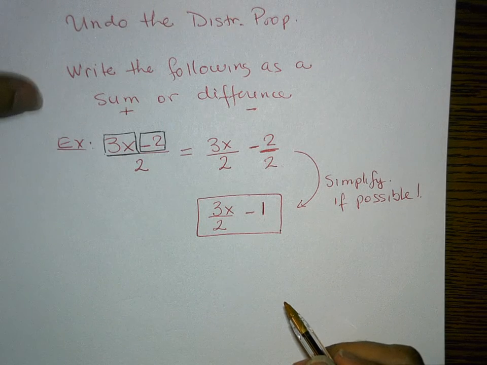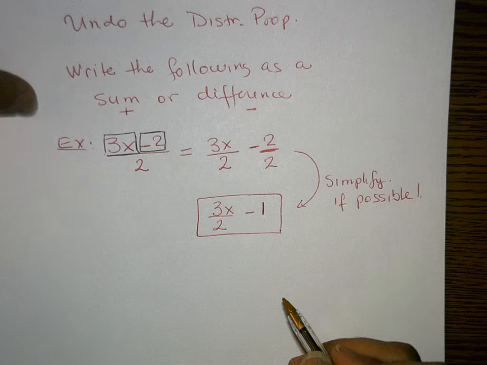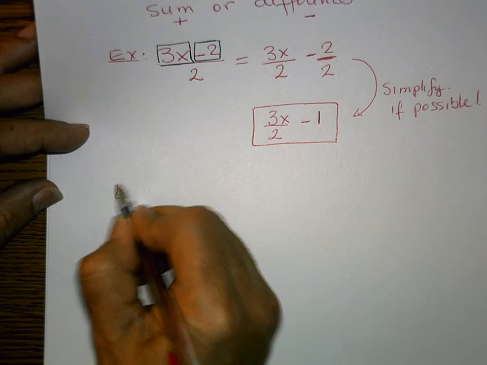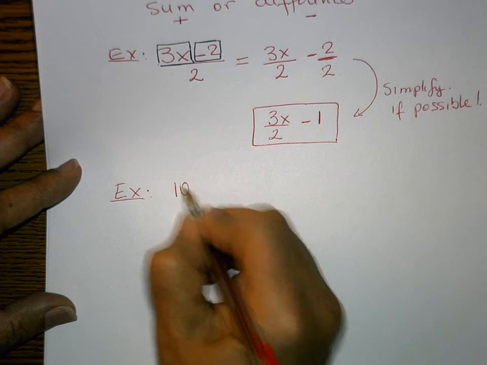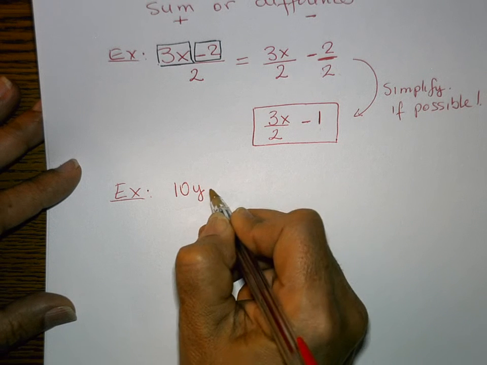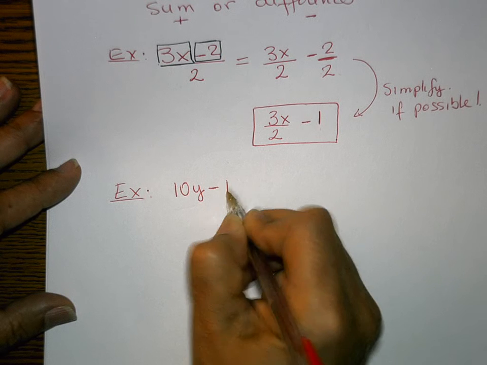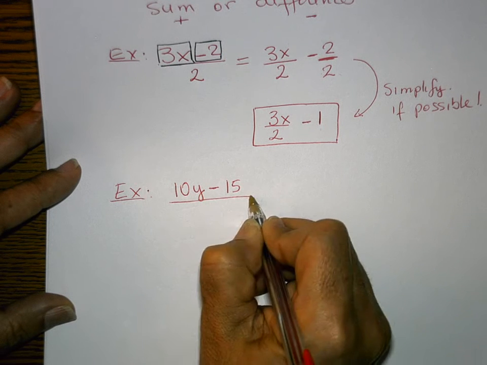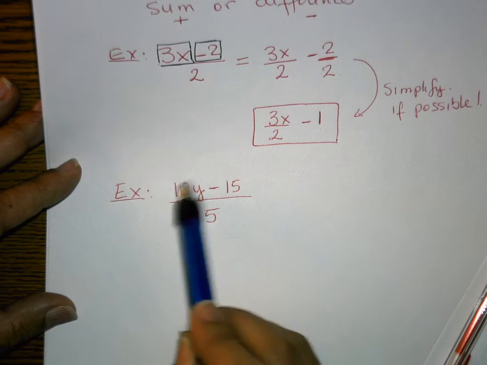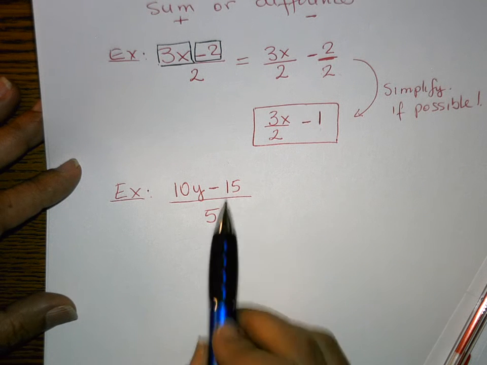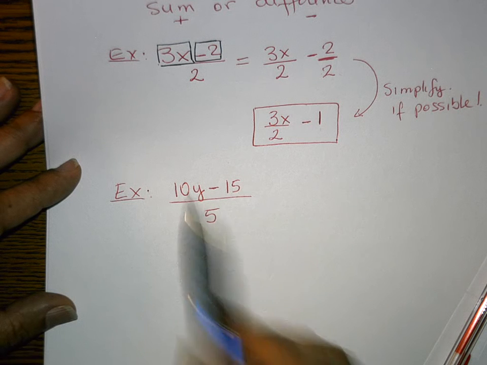Okay? Let's try one more to make sure we understand it. Here's another example. And let's do 10y minus 15, divided by 5. So immediately you should see I have two separate items. This little subtraction is separating two different items.